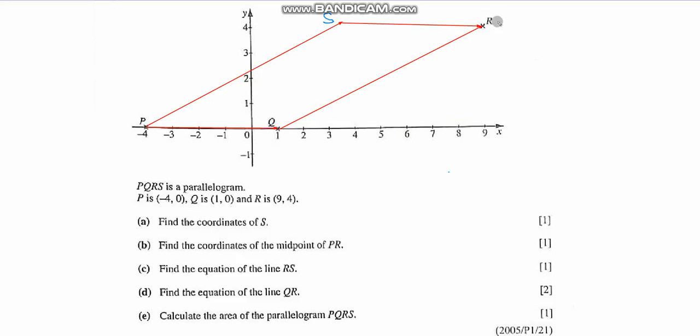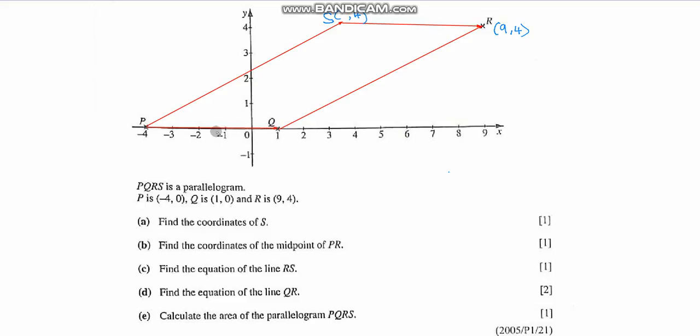Okay, in other words, R is 9, 4. If this is a horizontal line, the y coordinate of S should also be 4. Now next is what is the length of PQ? The length of PQ is 4 plus 1, which is 5.